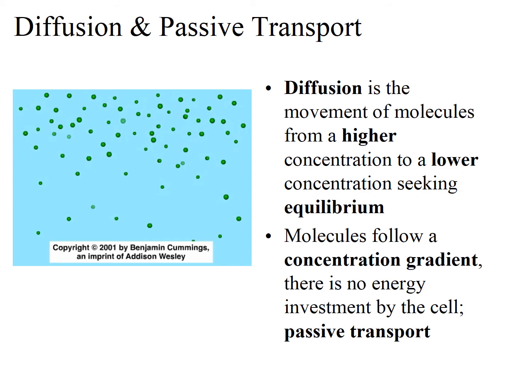The same process happens across the plasma membrane in terms of molecules moving into and out of your cells based on those concentration gradients. It's higher to lower, a passive process with no energy investment from the cell.